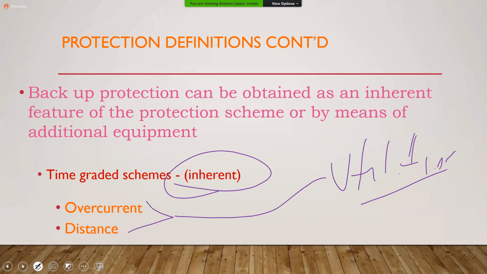But those that are built in would be your overcurrent and your distance. Your overcurrent by virtue of what we call coordination, overcurrent coordination. And of course, your distance would be for your transmission lines. And once you have the protection on the different lines, then it provides you with some backup protection.